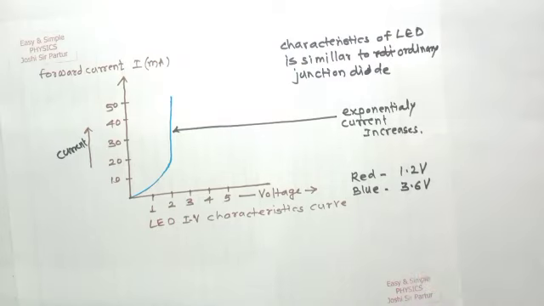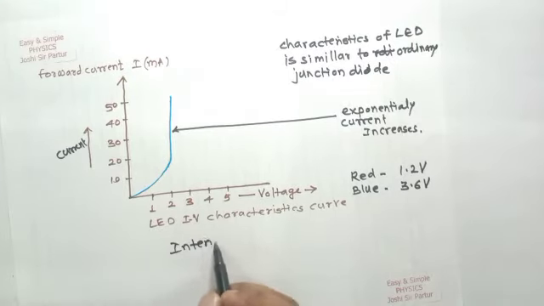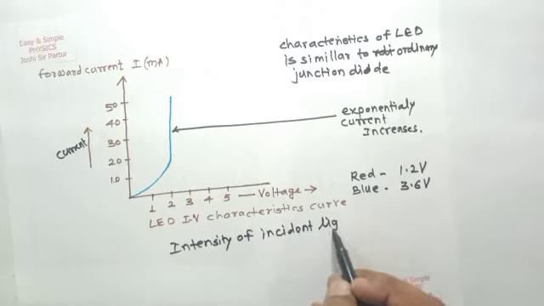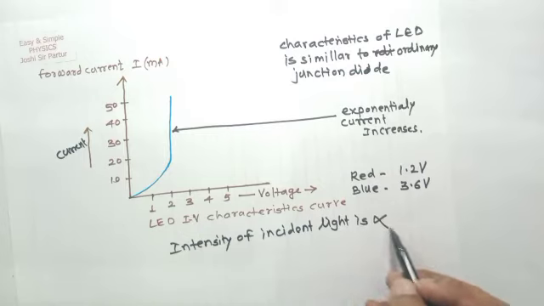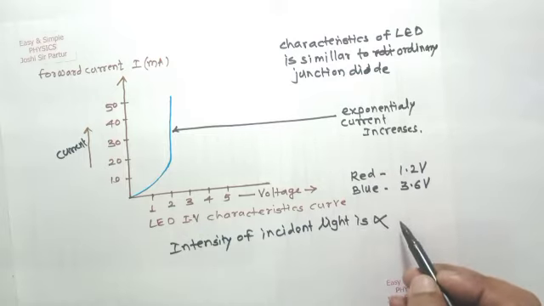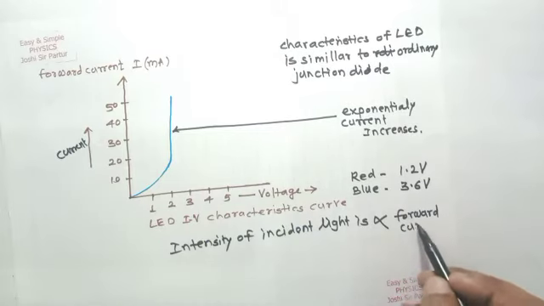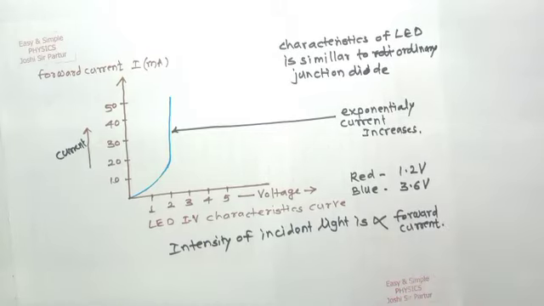So we say that the intensity of incident light is directly proportional to forward current, or forward current is directly proportional to intensity of incident light.